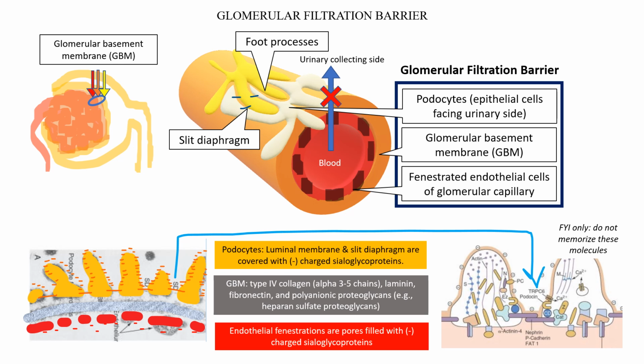Slit diaphragm proteins connect podocyte membranes to the cytoskeleton, which includes myosin, actin, and alpha-actinin 4, all interacting to provide the structural integrity needed to prevent passage of large molecules such as albumin into the urinary space.